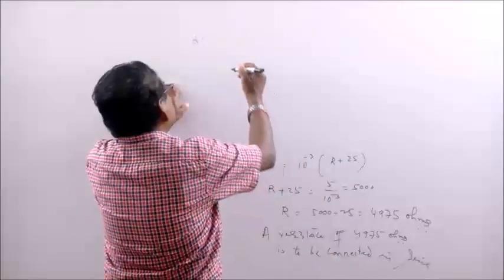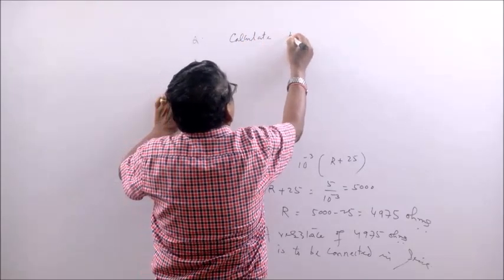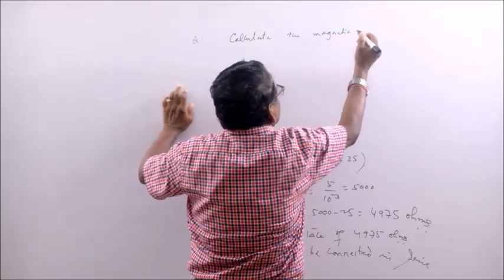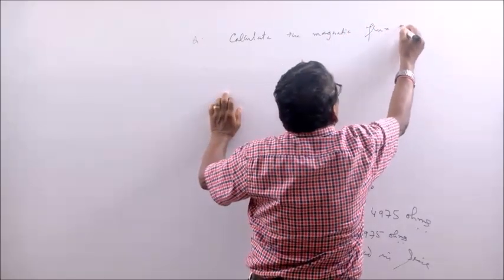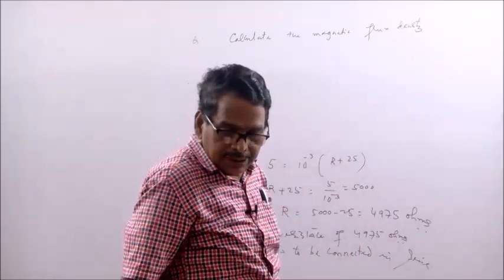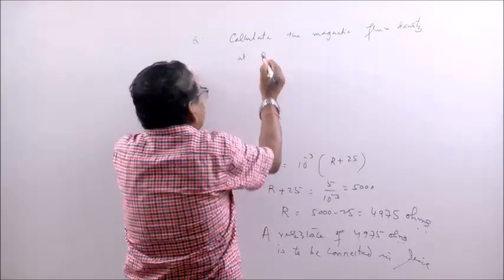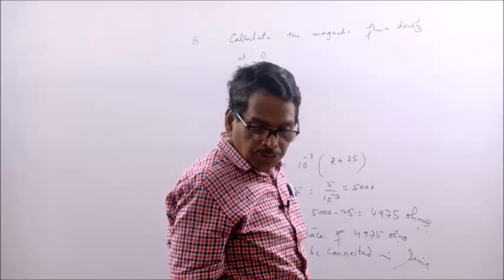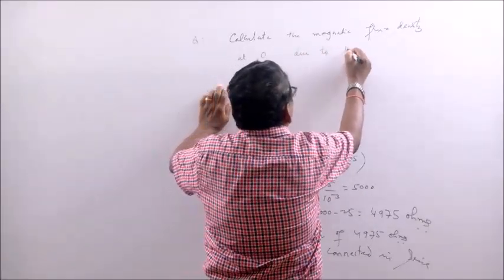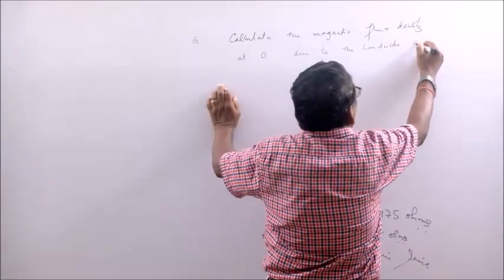Calculate the magnetic flux density at O due to the conductor as shown below.